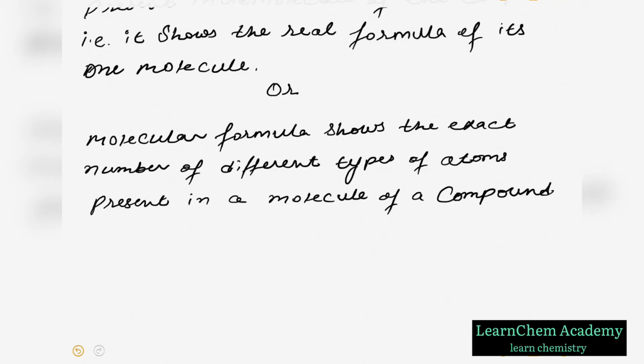Okay, it means the exact number of different types of atoms present in a compound is called the molecular formula.